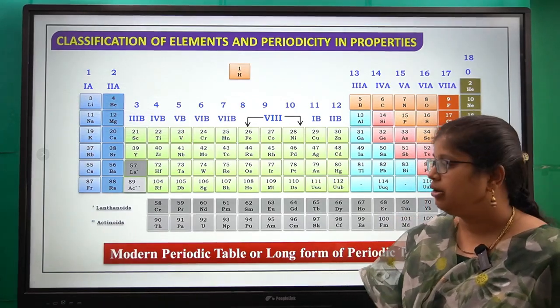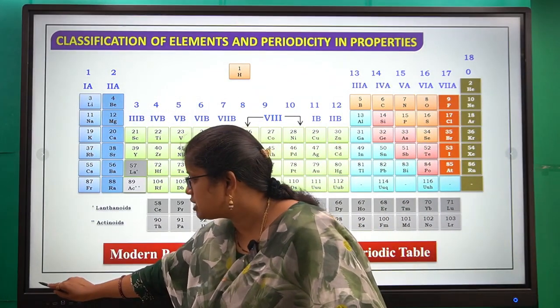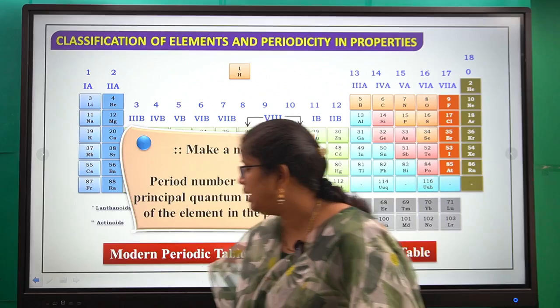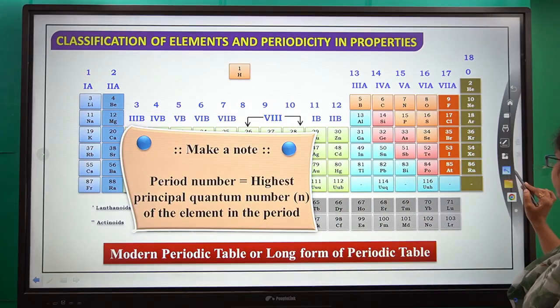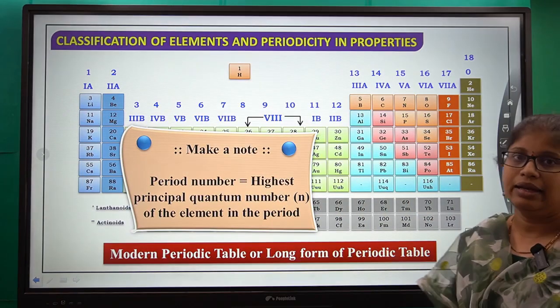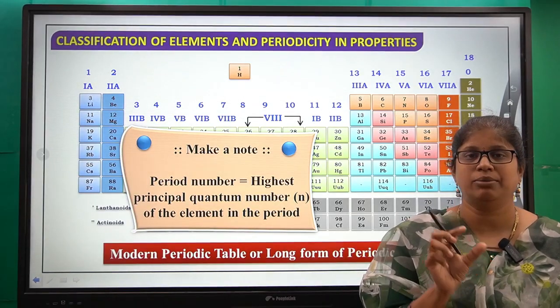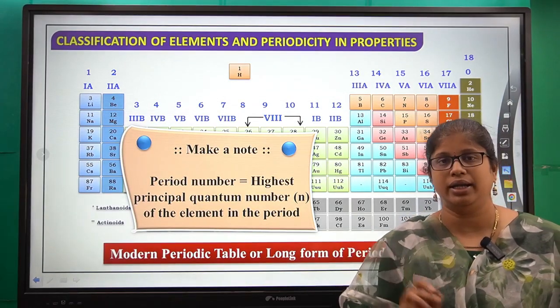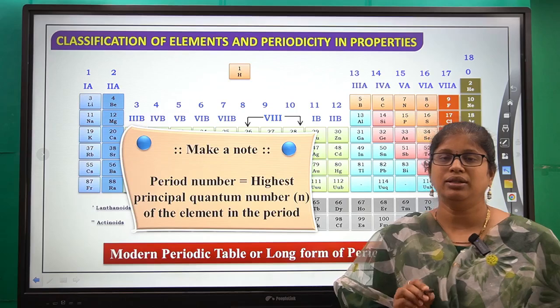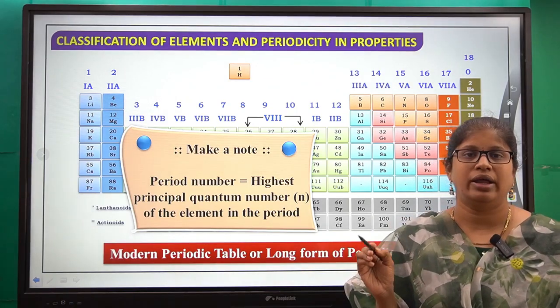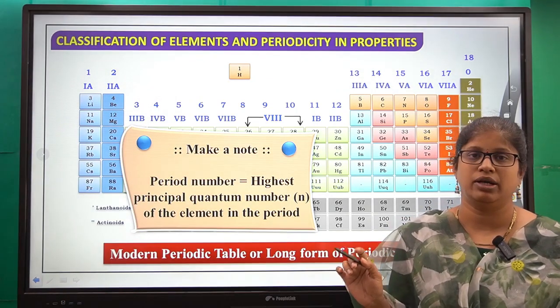Whenever we are writing electronic configuration, we are using principal quantum number, azimuthal quantum number and writing the configuration, right? So in that, the last electron enters one principal quantum number.